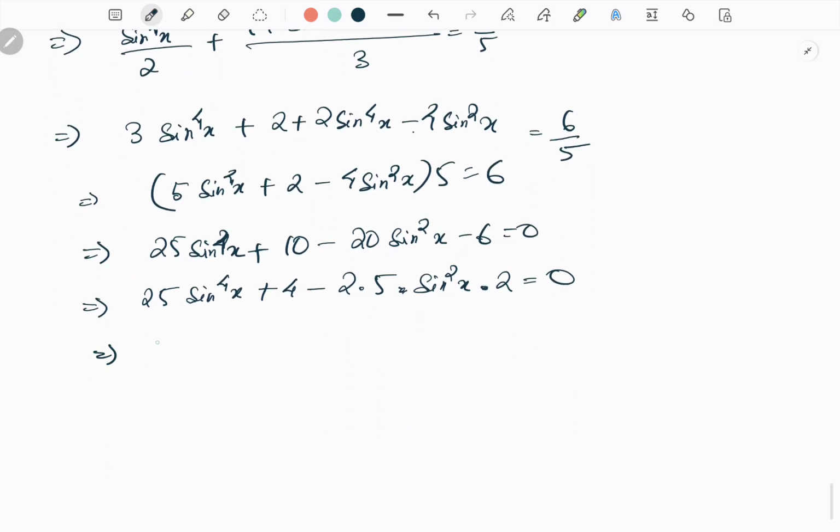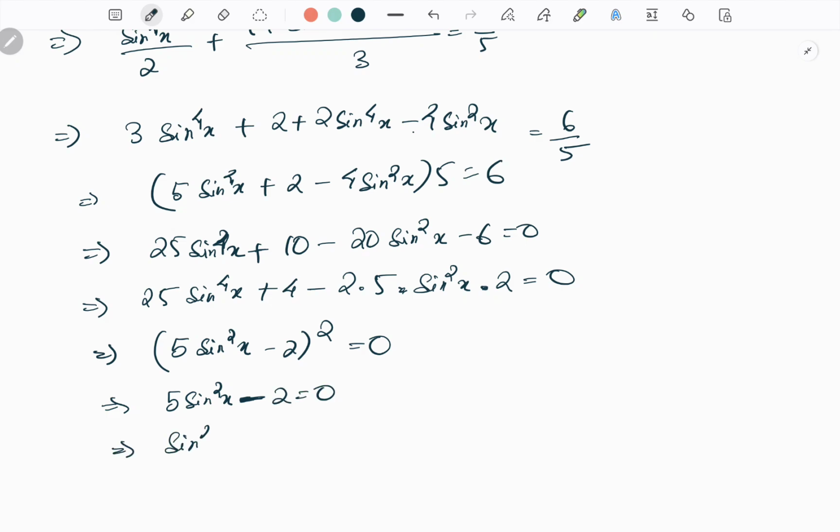So it's basically (5 sin^2 x minus 2) whole square equal to 0. So 5 sin^2 x minus 2 is equal to 0. So we get sin^2 x as 2 by 5. So sin x will be root over 2 by 5.